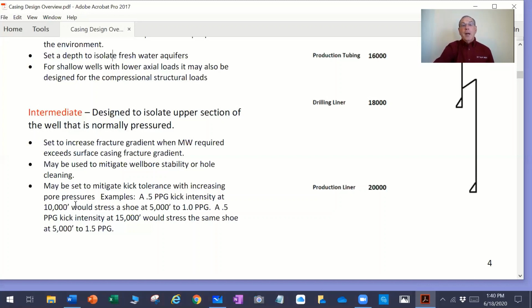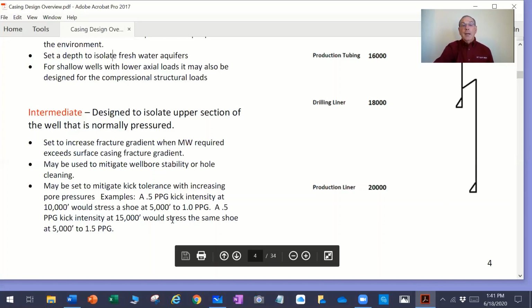So if you had a 1/2 pound per gallon kick, that's double the depth. 10,000 feet is double the depth of 5,000 feet. So it's going to have double the intensity of the stress at the shoe and have a 1 pound per gallon stress at 5,000 feet. And likewise, a 1/2 pound per gallon kick intensity at 15,000 feet would stress the same shoe at 5,000 feet to 1.5 pounds per gallon.